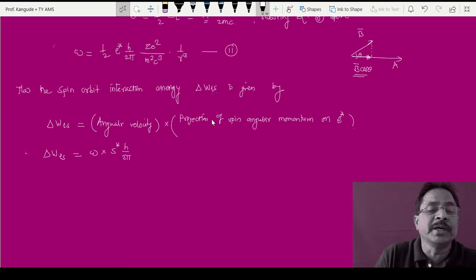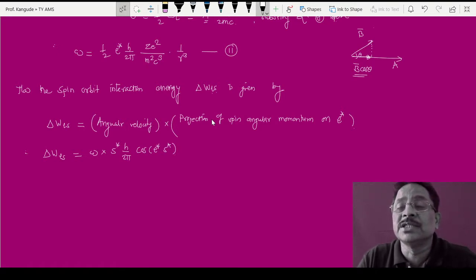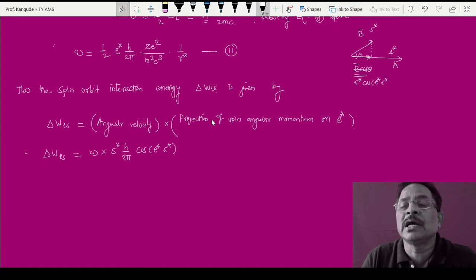This is the quantum mechanical value of the spin angular momentum, into cosine of L star and S star. Try to understand this: this is my S star, this is L star, the angle between them is theta, therefore I am getting S star into cosine of the angle between L star and S star.